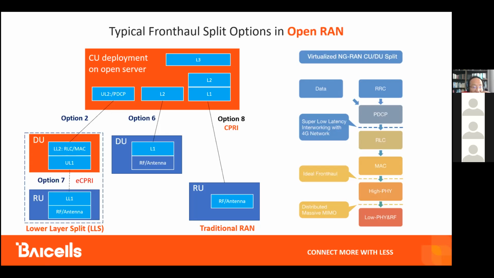And the benefit of this arrangement is that you can introduce new features much more quickly because you do not have to upgrade each and every RU for that purpose.